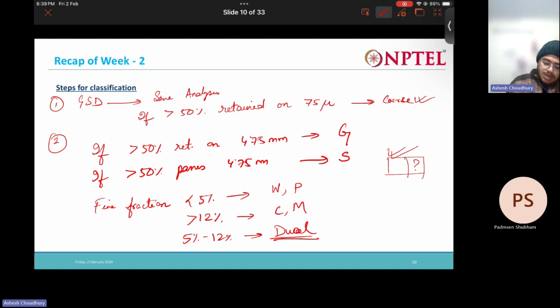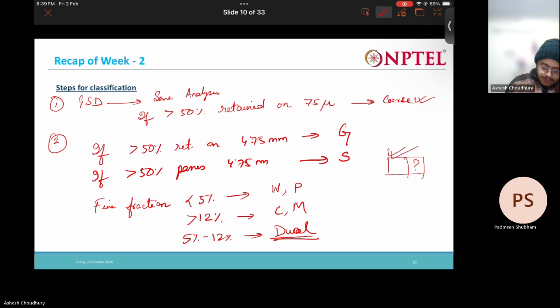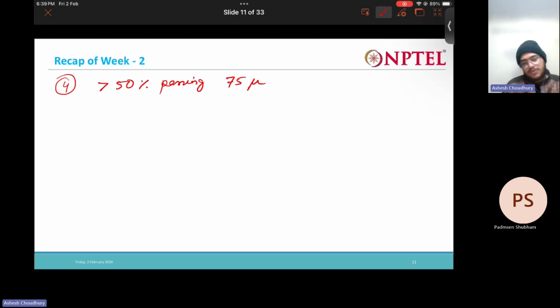Now let us come to the next case. Okay, this is step 3. Now say from sieve analysis you find that more than 50% is passing 75 micron. What does this mean?